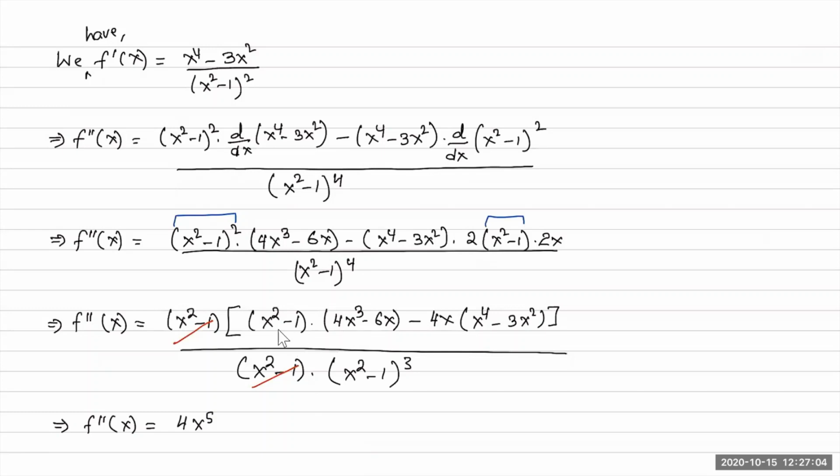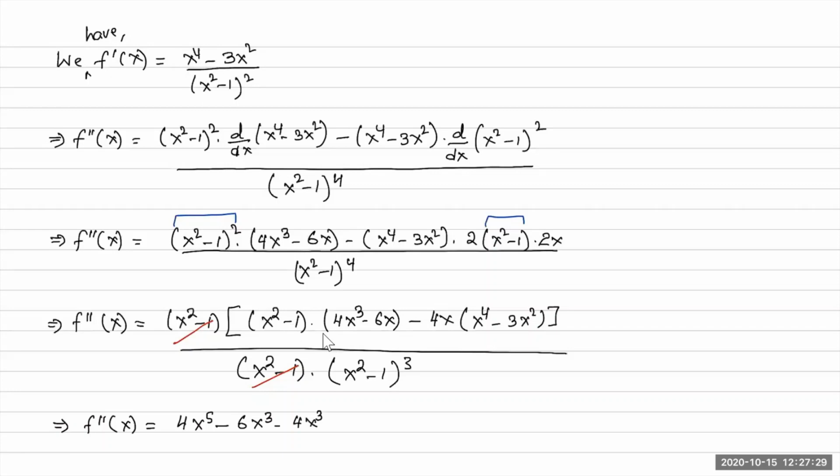And then x squared multiplied to negative 6x will be negative 6x cubed. Negative x squared, and then here is a 6x. So if you multiply, it will be negative 6x cubed. And when you multiply by negative 1, it will be negative 4x cubed.